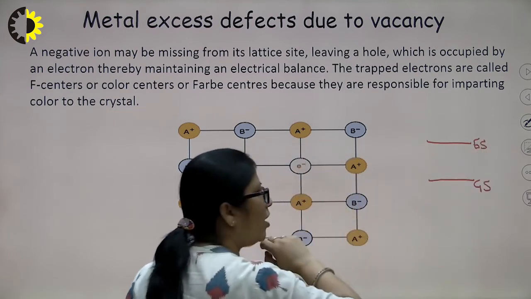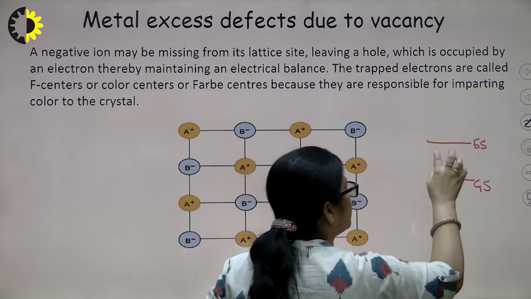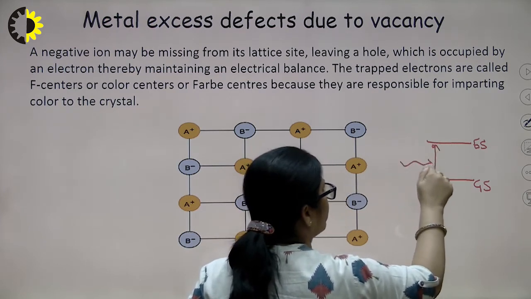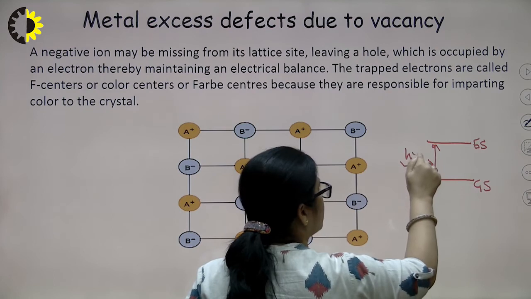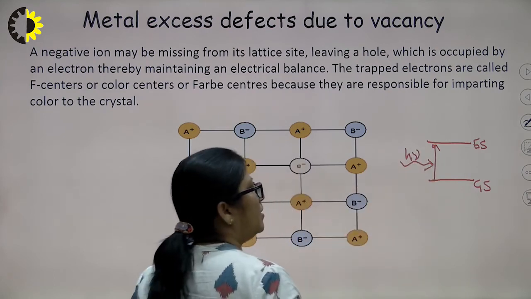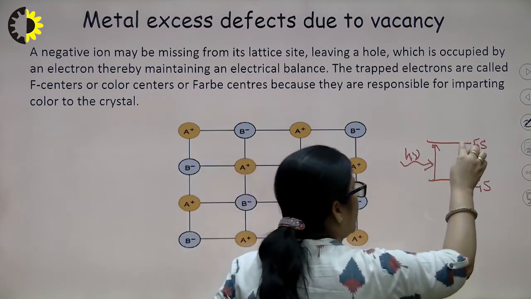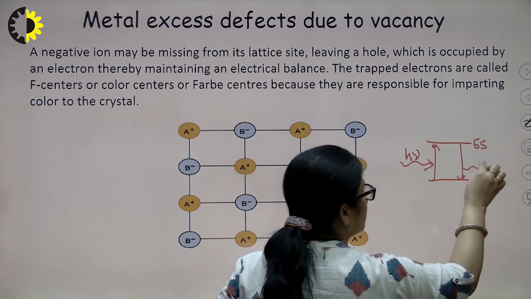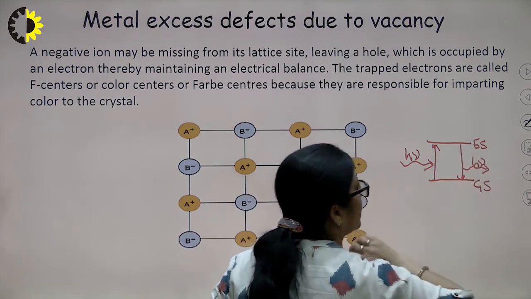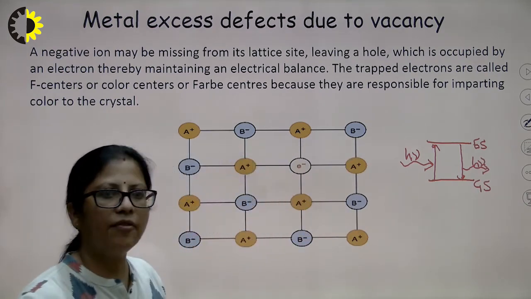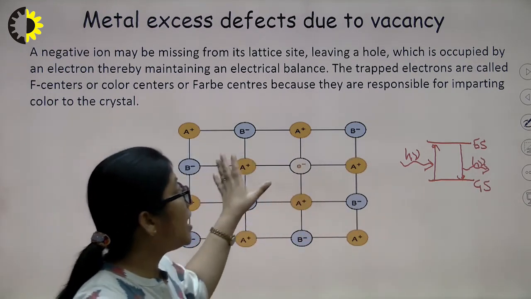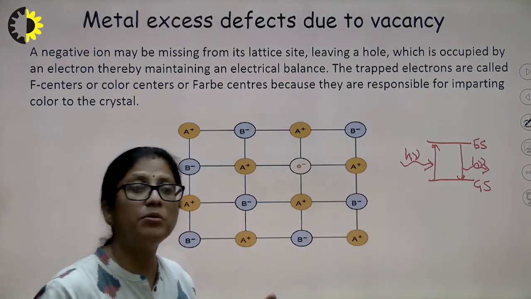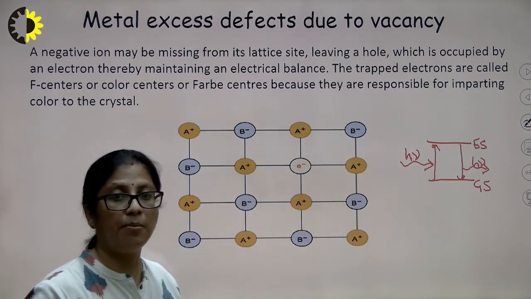When this electron absorbs light, it moves from ground to excited state by taking energy, and when it comes back, it re-emits light, and therefore this type of defect shown by the compounds imparts color to the compounds.